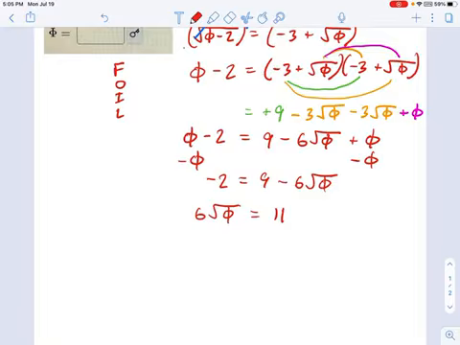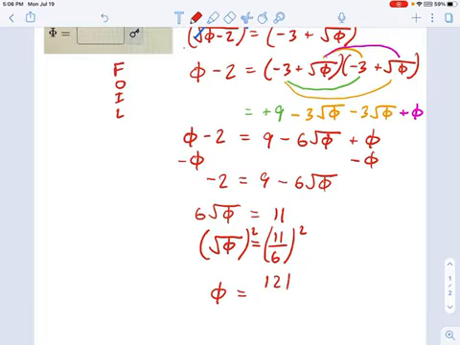So that means square root of phi equals 11 over 6, which means if you square each side, remember how we get rid of square roots? I'm going to square each side here, and that gives me phi equals, multiplication tables, 121 over 36, I think. And now we have to go back and check whether this equation actually works.